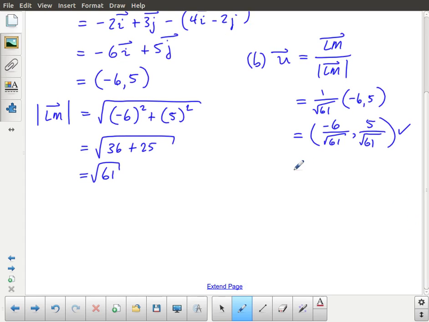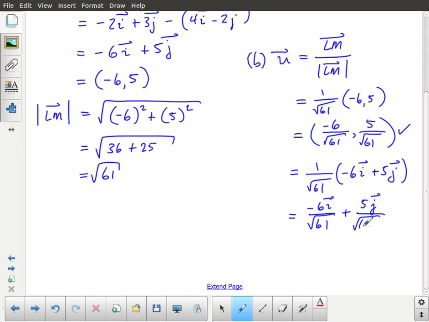I could have also done this as 1 over root 61 times the -6i plus 5j. And as I did before, I would probably write that as -6i over square root of 61 plus 5j over the square root of 61.